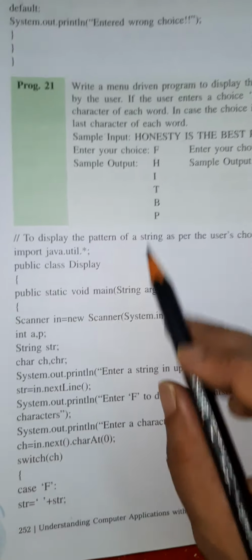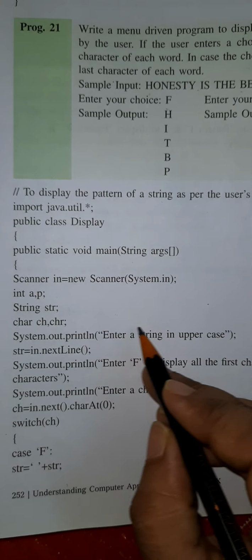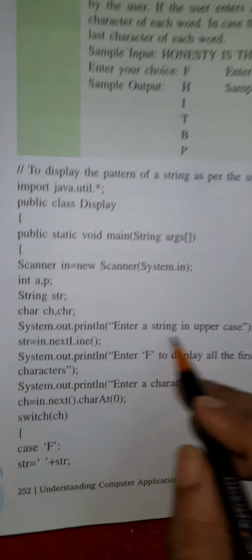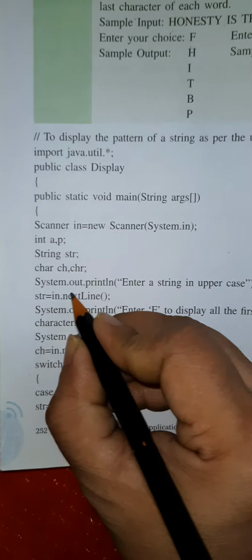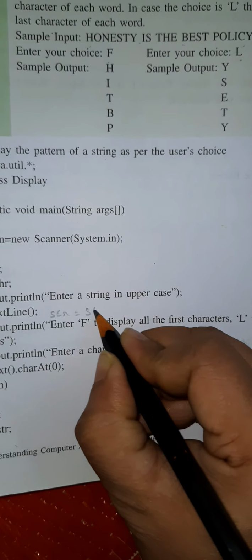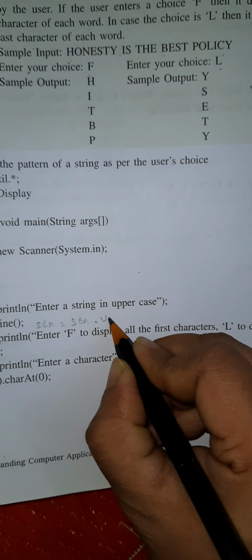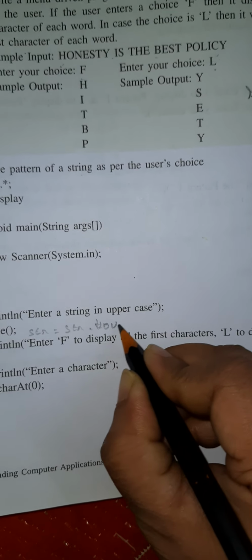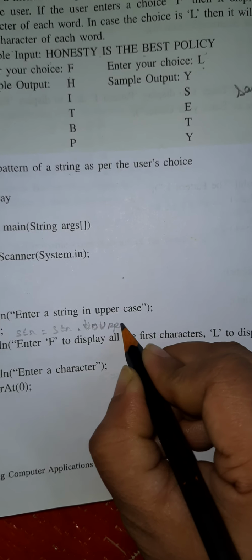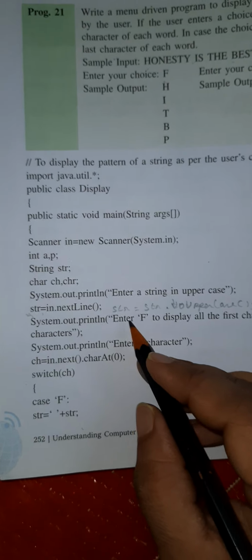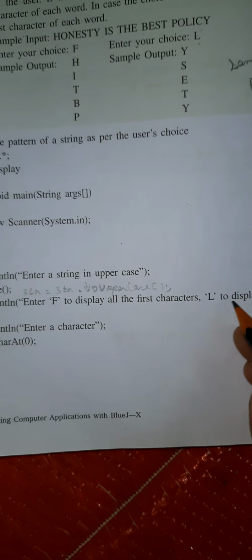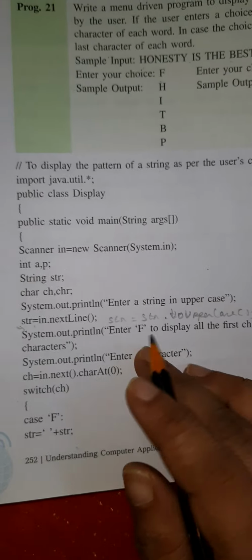If we are giving the choice as F, see here we have taken the string type and converted it into uppercase. If they are not converting, you can include str equal to str dot toUpperCase method, and there it is saying you have to enter F or L. So this is the character type.